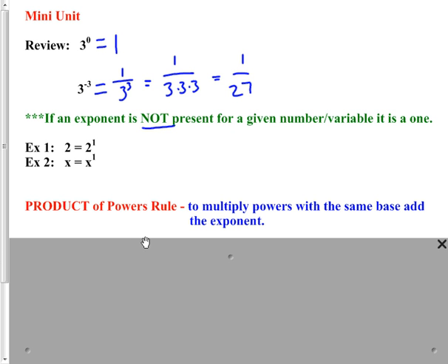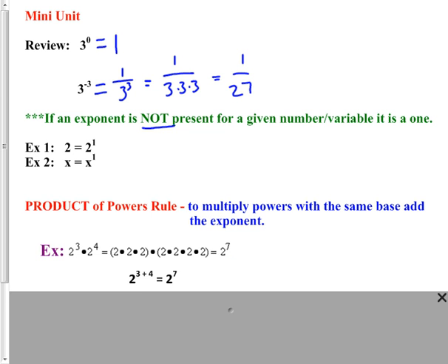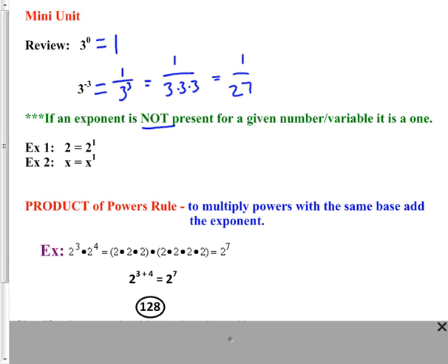When we think about product of powers, to multiply powers with the same base, add the exponents. So for this example right here, we have 2 to the third power, which is 2 times 2 times 2, and then times 2 to the fourth power, which is times 2 times 2 times 2 times 2. Well, we know that multiplication is commutative, so we could just combine all of this to be 2 to the seventh power.